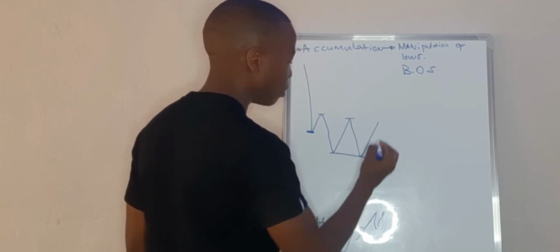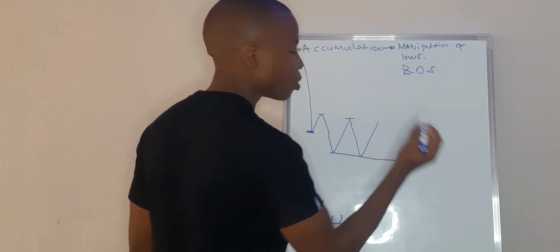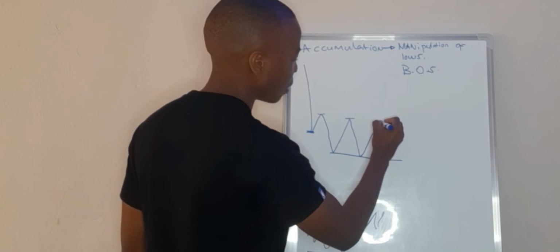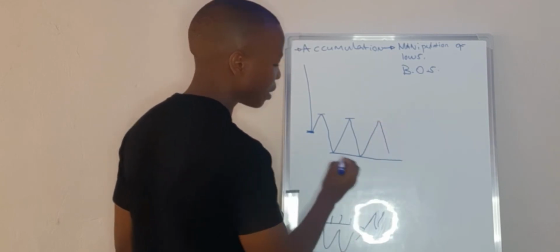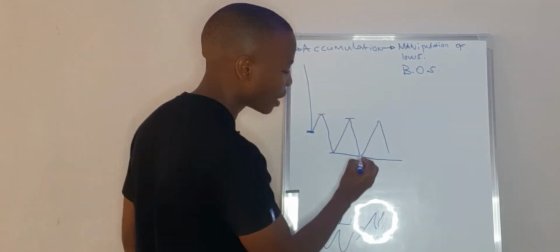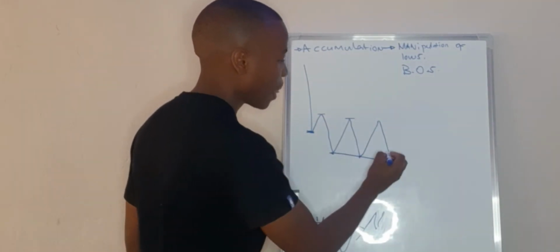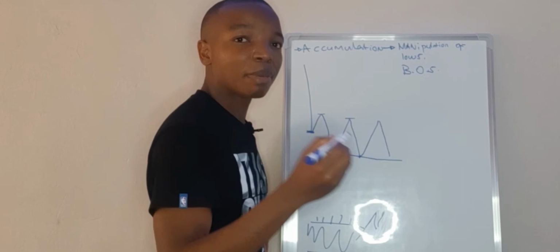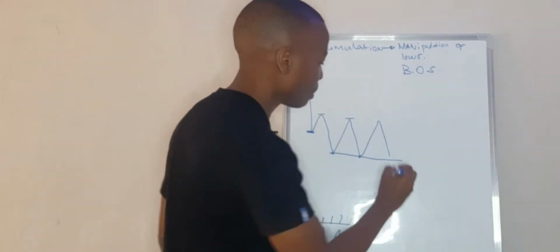This is your new support. What normally happens is that when the market goes back to retest the support, because a lot of people are anticipating buys from this area, there tends to be market manipulation. You should understand this by now.